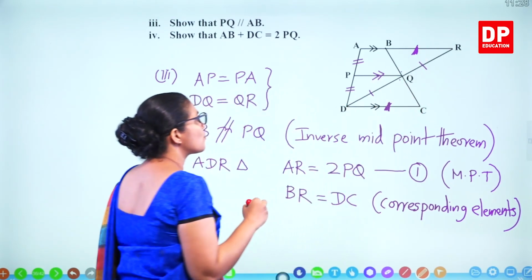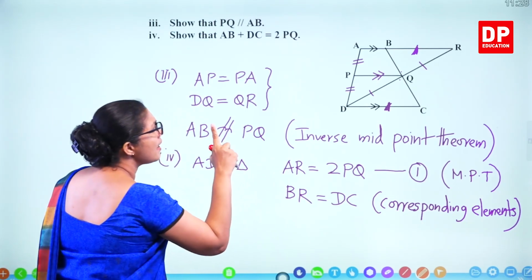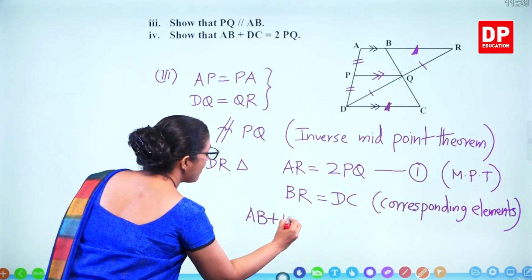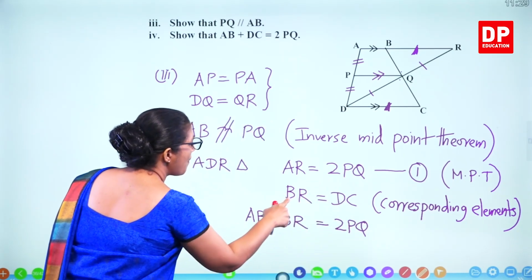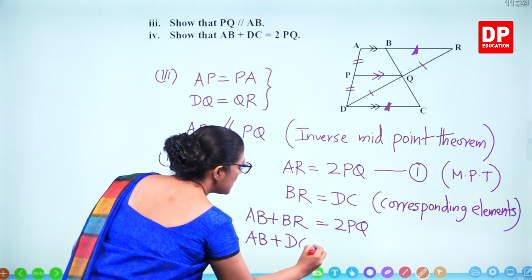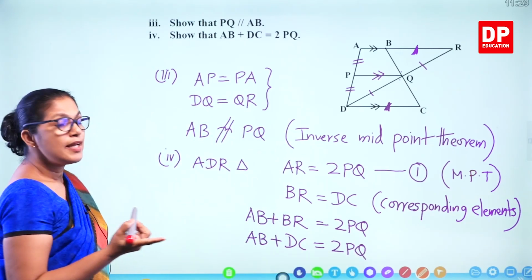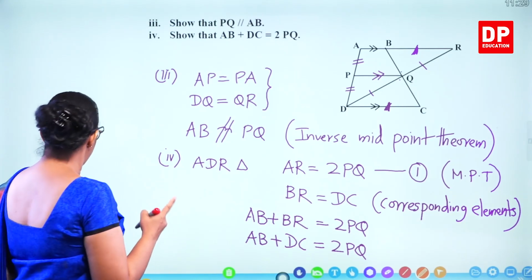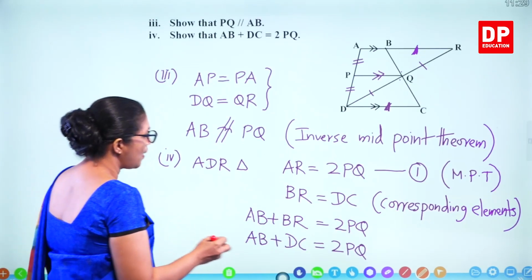This length is equal to this one. So what is AR? AR I can write AB plus BR is 2PQ. Now instead of BR I can put DC. So AB plus DC is 2PQ. So that's the proof. So we can give 5 marks there.